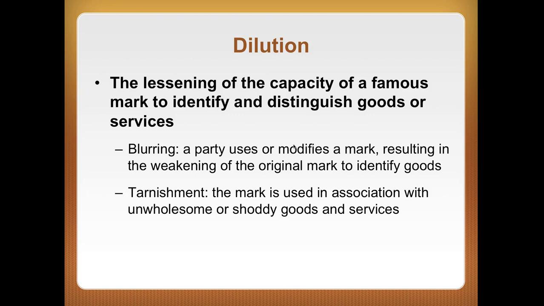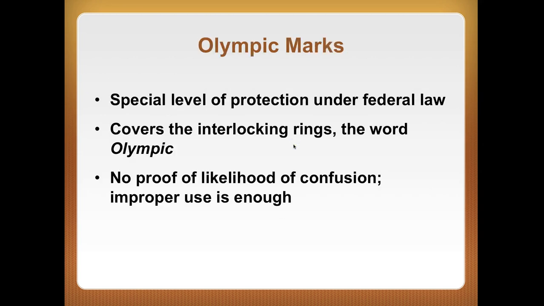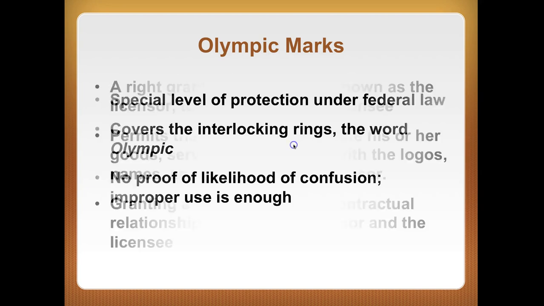Maybe you take a great company logo and put it on a bad product or a shoddy service. That's called dilution. Now, the Olympic marks have a whole special level of protection that covers the rings and the word Olympic. There's no proof needed. All the Olympics have to say is you used it the wrong way. They don't have to prove anything. They have that much power.